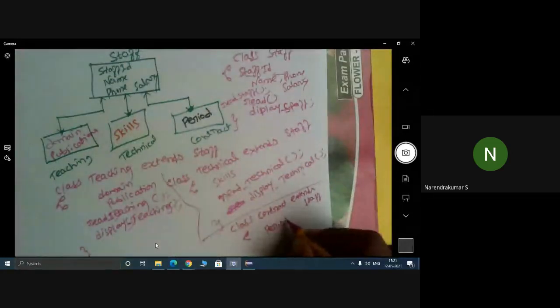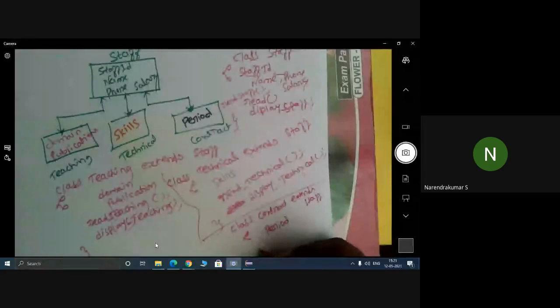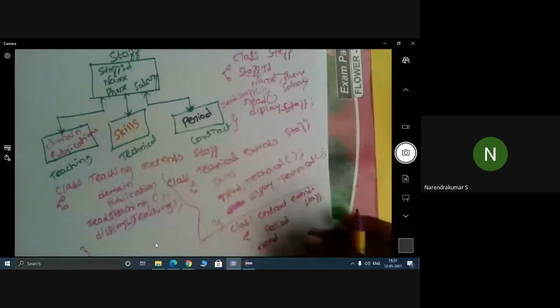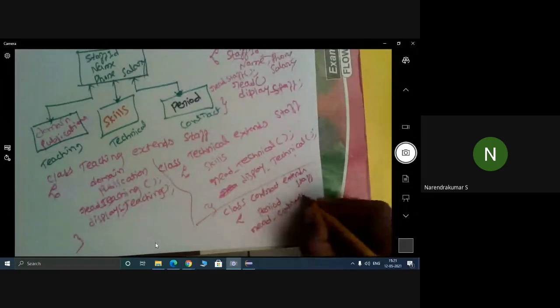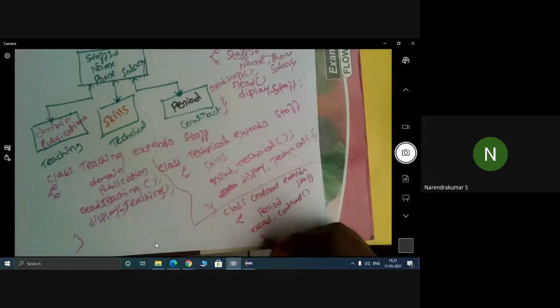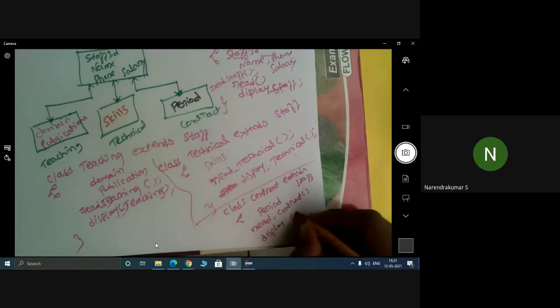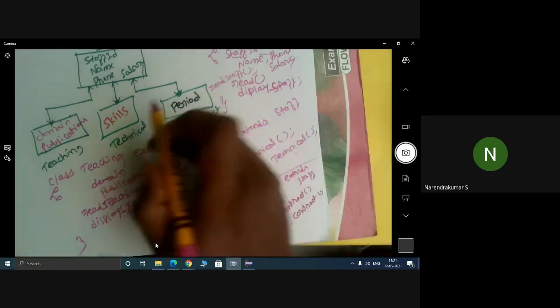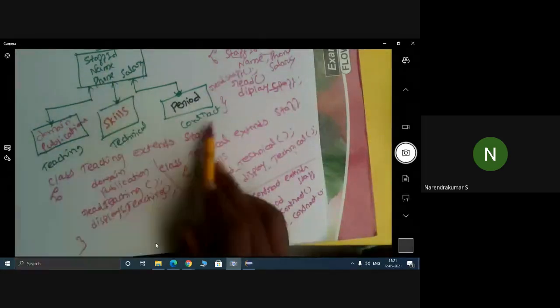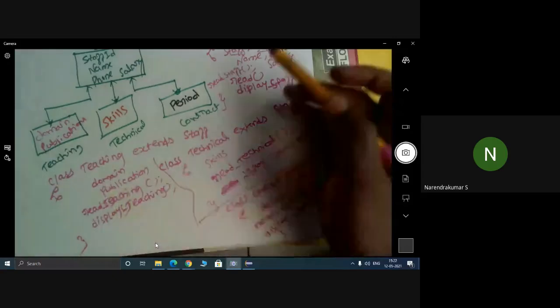Then I will have a function for reading it, read contract, its own definition. Then we'll also have a display contract. Understood? So right now we have 4 classes: staff, teaching, technical, and contract. And these are all the derived classes for this one.